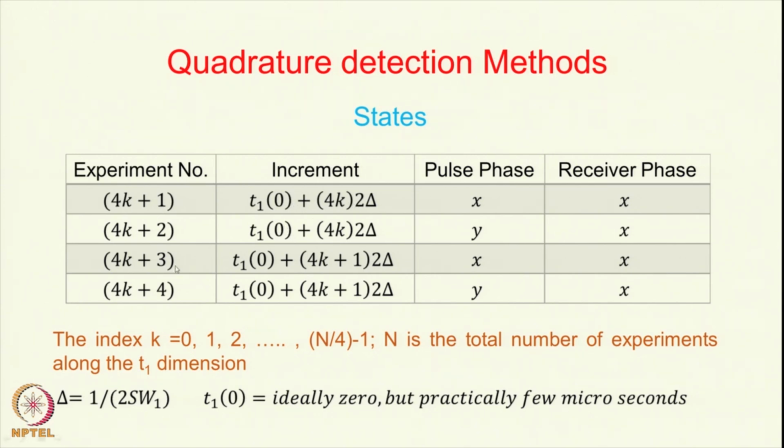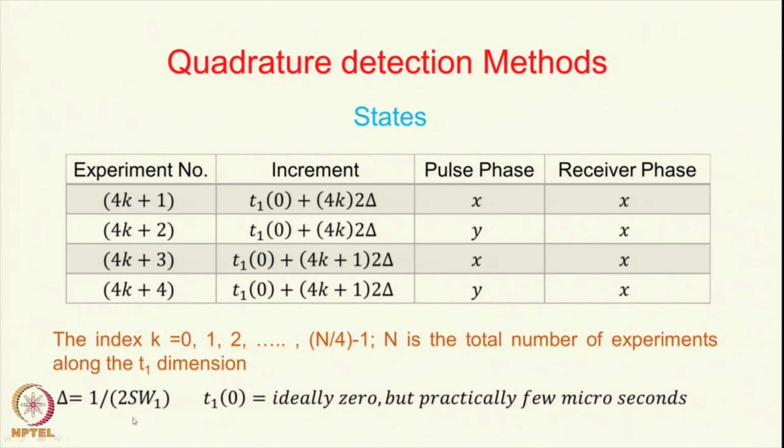For the third and the fourth experiments your increment is T10 plus 2 delta, and the phase of the pulse is changed from x to y. So this is the difference from TPPI.